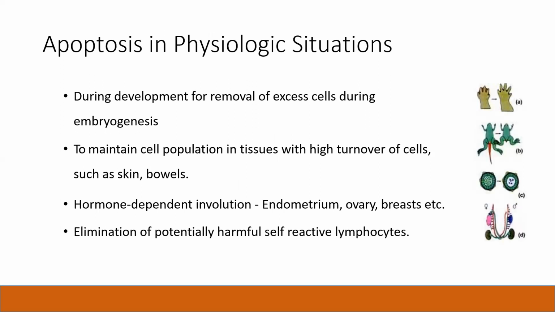So apoptosis in physiological situations: during development, removal of excess cells during embryogenesis, to maintain the cell population in tissues with high turnover cells such as skin and bowel, hormone-dependent involution such as endometrium, ovary, breast, etc., and elimination of potentially harmful self-reactive lymphocytes.